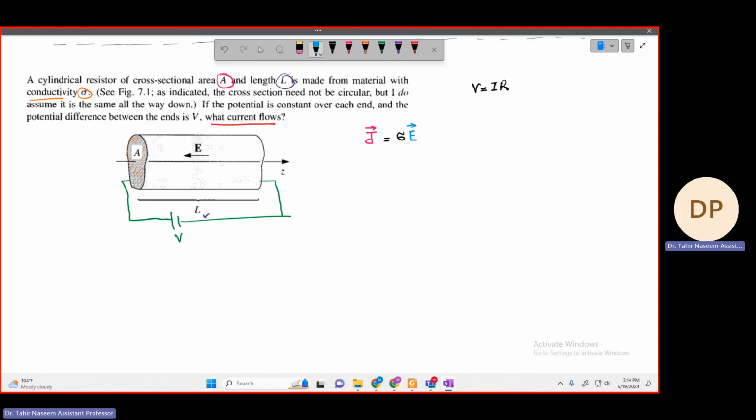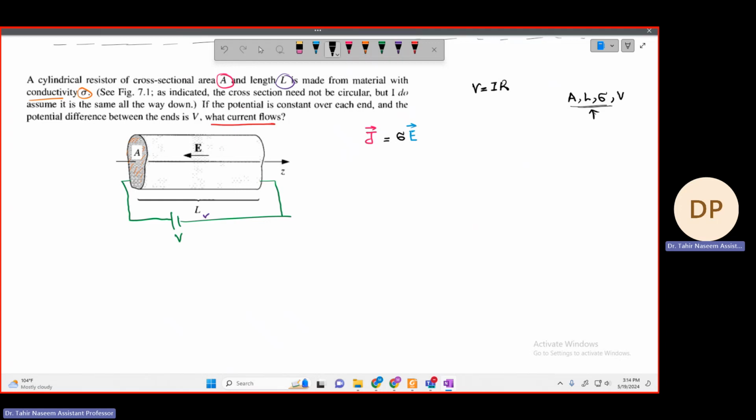How can we find current in terms of these parameters? Which parameters? Cross-sectional area, length, conductivity, and potential. So can we write our current answer in these parameters?